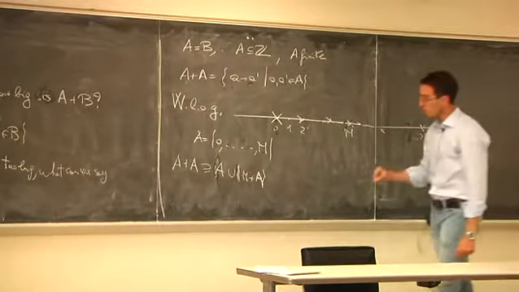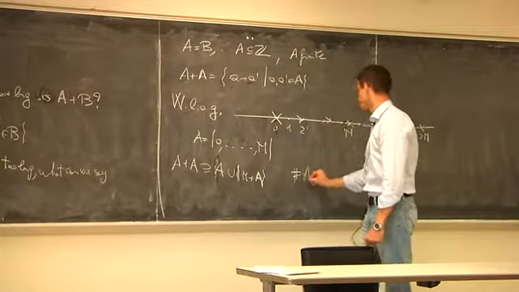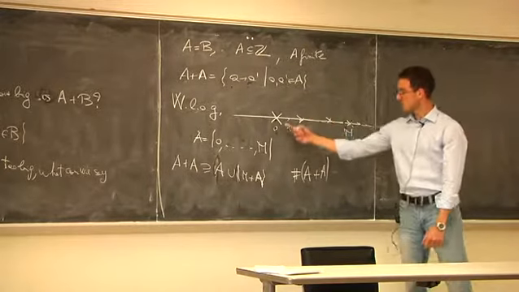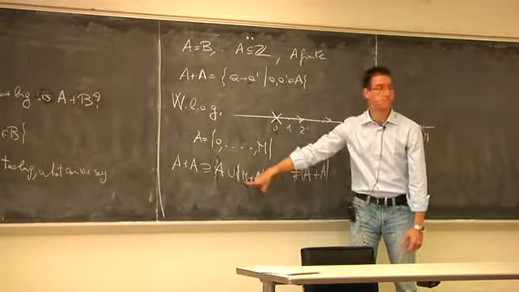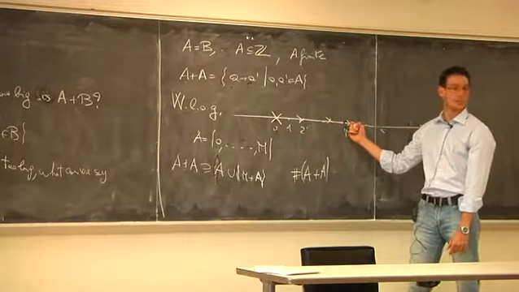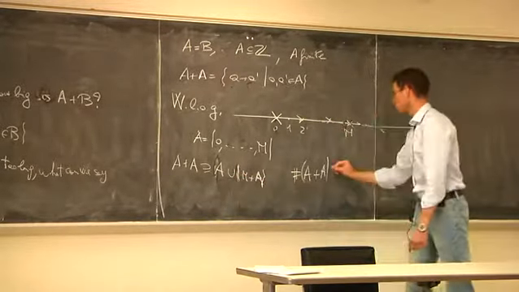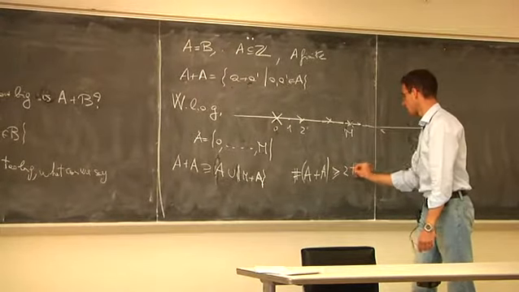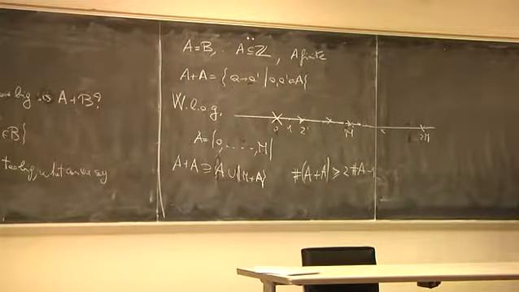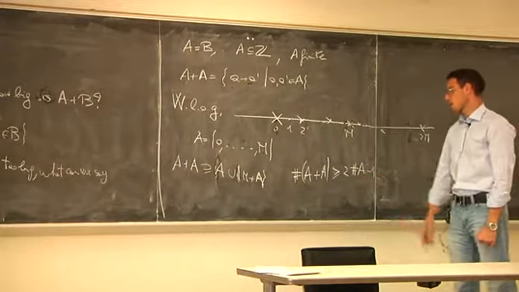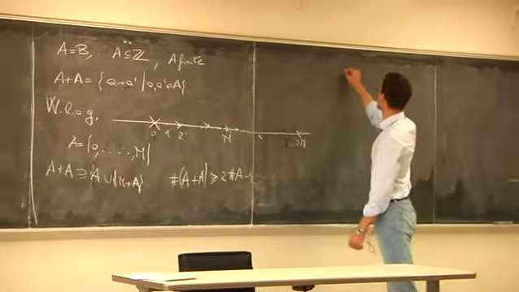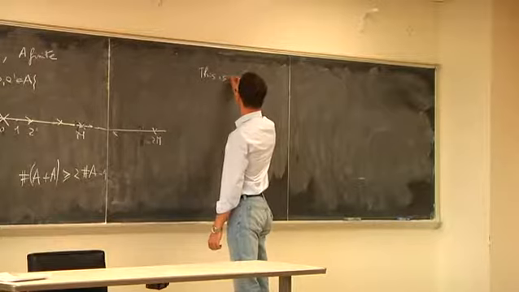And so how big is the cardinality of A plus A? Well, you have the cardinality of A here, the cardinality of M plus A here, which is the same as A. And then there is one element in common, which is M, which is counted both here and here. So you get that this is greater or equal than twice the cardinality of A minus 1, because of one element. And actually, this is an easy inequality, and this is sharp.